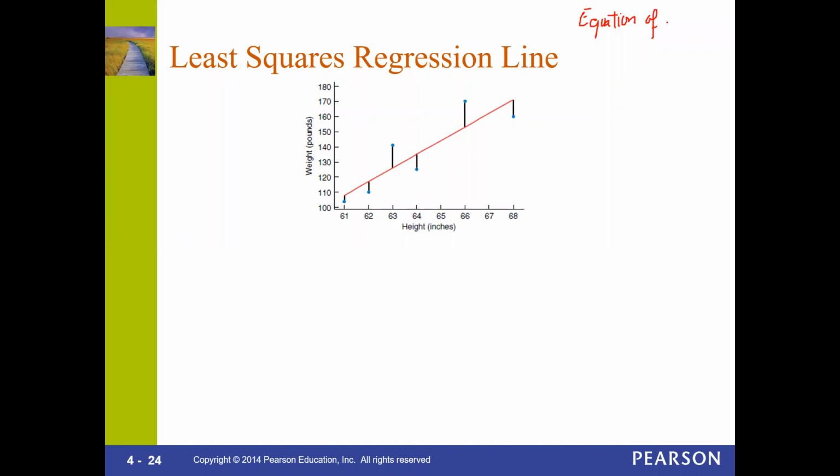And that equation of a line used to be something like this: y is equal to mx plus b. Okay, so b is called the y-intercept.